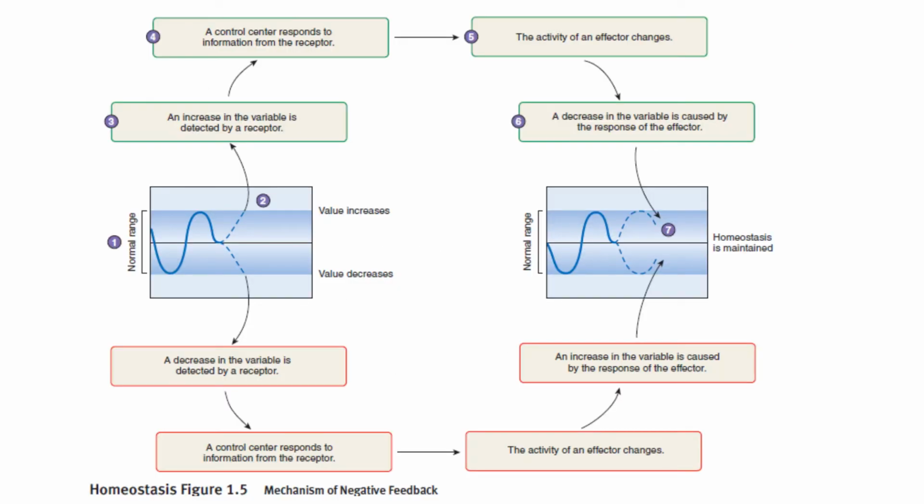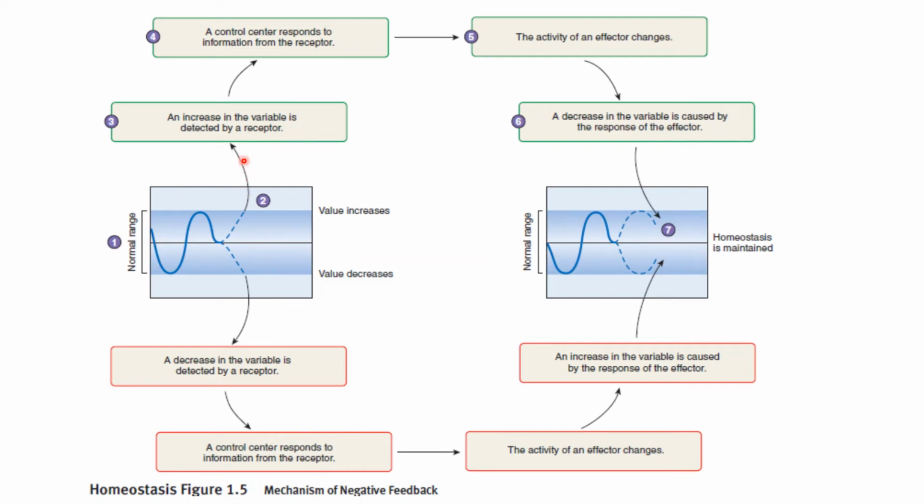Here we can see stepwise maintenance of homeostasis in the animal body. For example, any variable, temperature, pressure, pH, is fluctuating in a normal range along the set point, and if it goes above the normal range, then this change is called a stimulus.